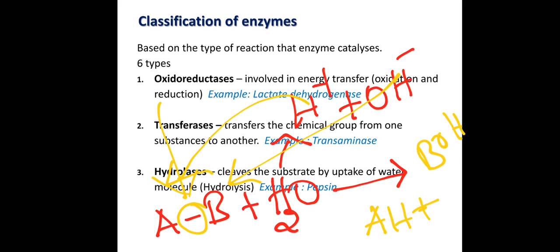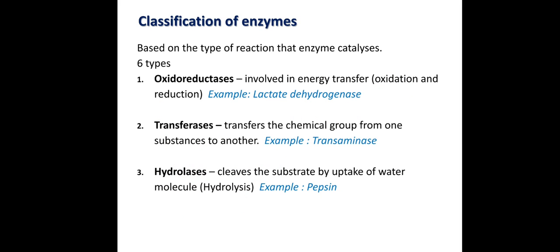Any chemical reaction where a molecule of water is broken down and added across the bond, resulting in separation of the substrate into two different products, is called hydrolysis. Any enzyme involved in such a reaction is a hydrolytic enzyme belonging to class hydrolases.